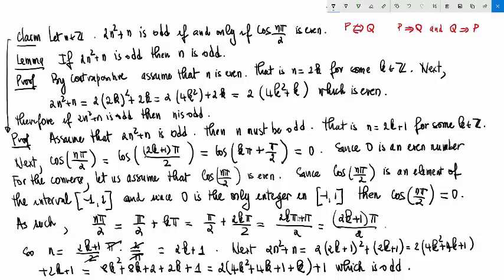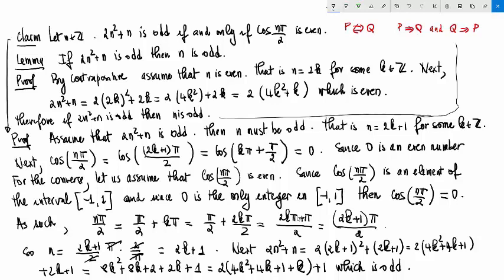So the proof that lends itself well to establish this claim is a proof by contrapositive. This is our original lemma. By assuming that n is even, it's easy to derive that 2n squared plus n must be even.